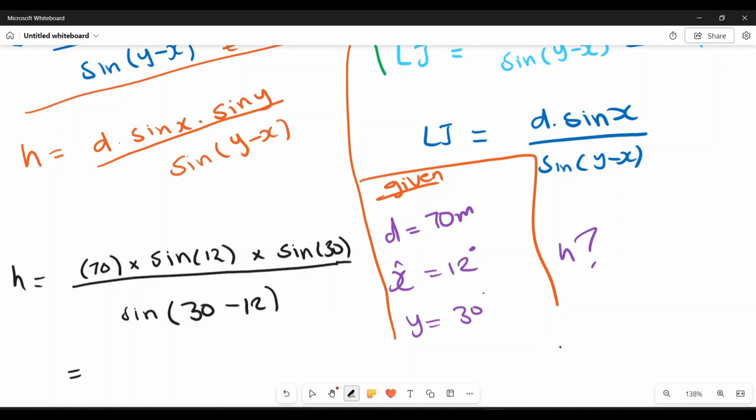Now let me punch that into my calculator. Punching this into my calculator, my height would be equal to 23.55 meters, rounding off to 2 decimal places. And that will be all for this question. Remember, if ever you have any questions, always feel free to reach out. Thank you.